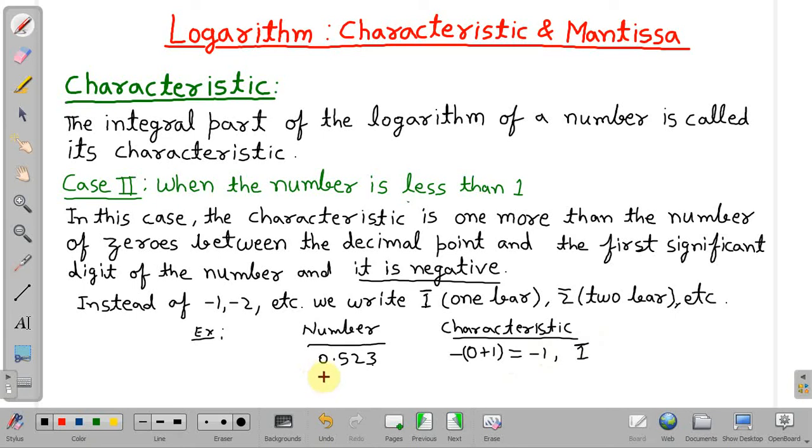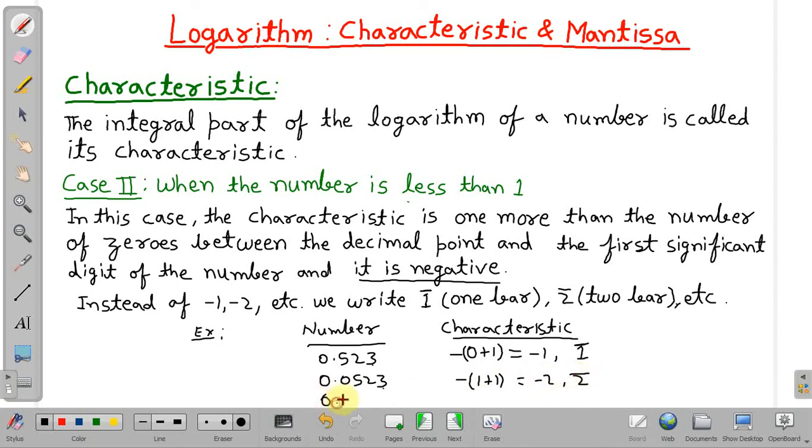Similarly, suppose it is 0.0523. In this case, the number of zeros is 1. So we have the characteristic as 1 plus 1, that is minus 2, and we write it as 2 bar.